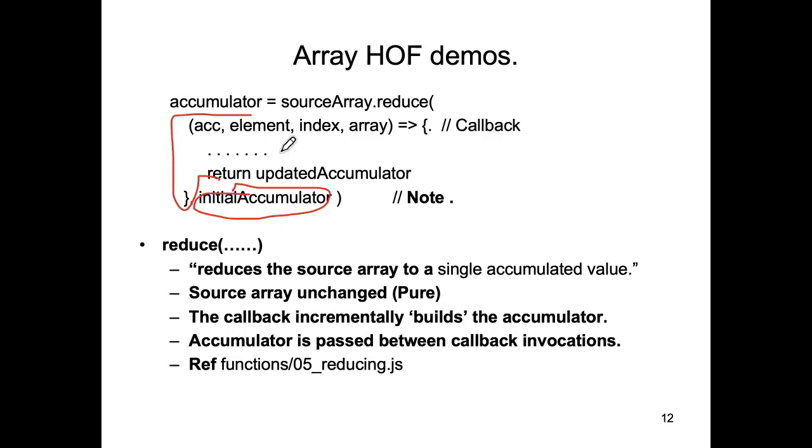It's updating the accumulator based on the current element that it's processing. And always the callback has to return the updated value of the accumulator. So they're the important things to remember. You've got to pass the initial value of the accumulator to reduce itself. And within the callback, you've got to return the updated value of the accumulator.